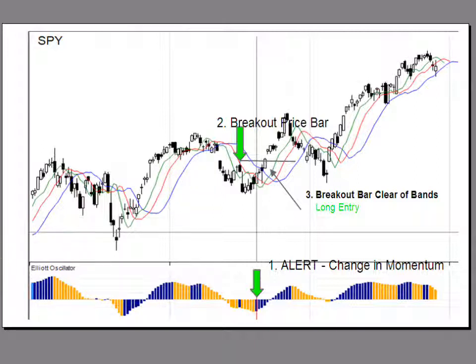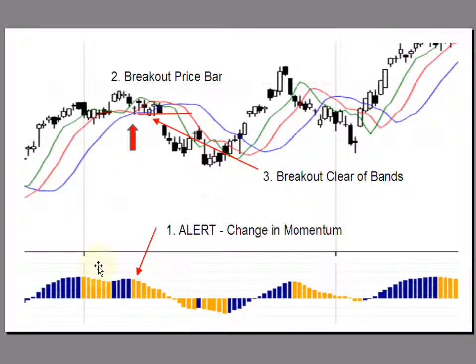This is an example of a long entry, and this would be an example of a short entry. Number one, we had the alert, a change in momentum, in this case from up to down, blue to orange. We followed it up, located the first immediately preceding breakout price bar, noted the price, and then when current price dipped below the bearish breakout price, that indicated a short entry signal.